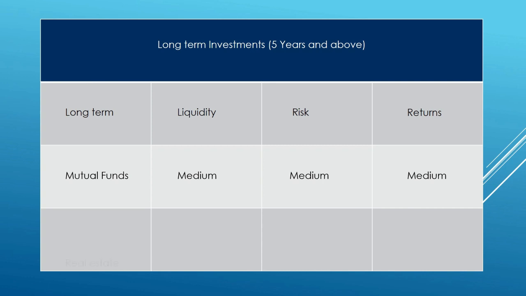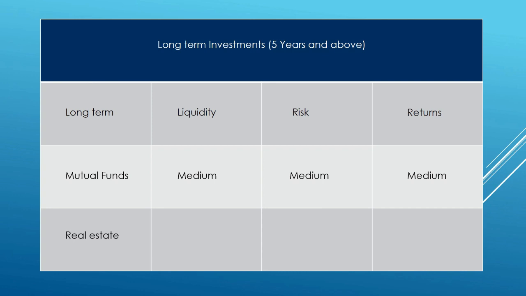Next is real estate. Investing in real estate is a good option, but it depends. If you buy a house and stay in it, it's not an asset because it's not making any money for you. But if you buy a house, put it on rent and use that money to invest somewhere else, it is an asset.